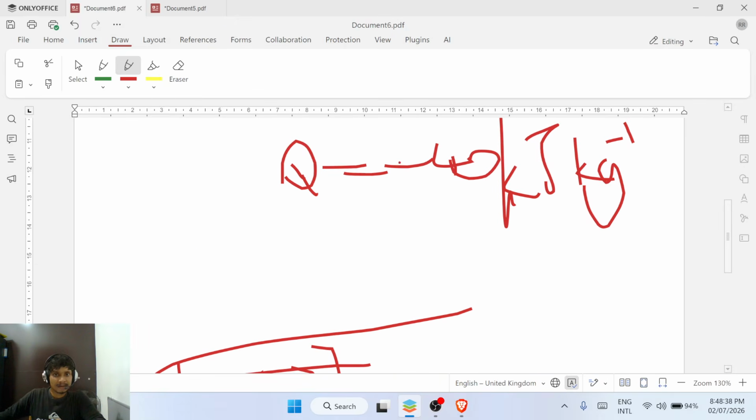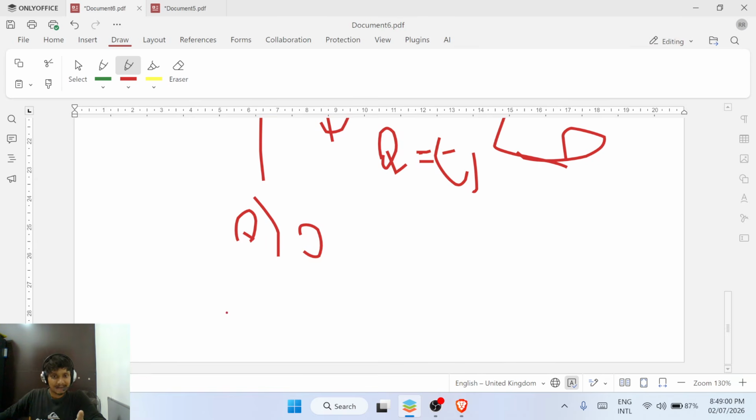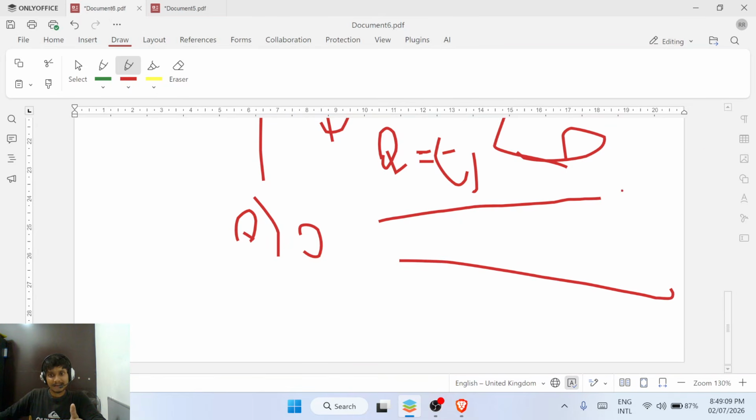Now, determine the power of the system, stating whether it is from the system or to the system. Neglect any change of gravitational potential energy. Let's assume that, for example, the fluid may flow like this.